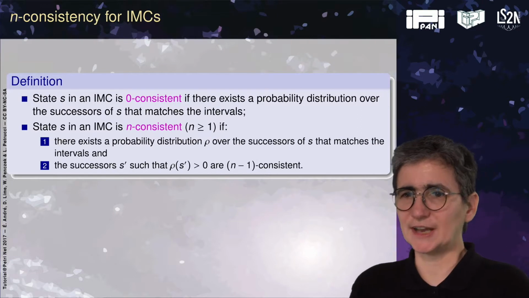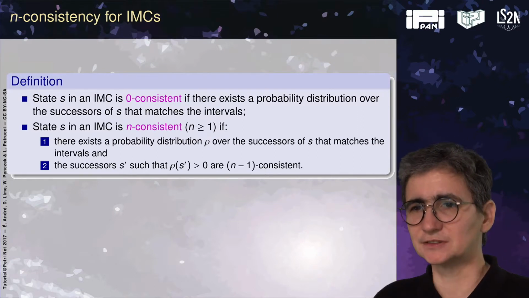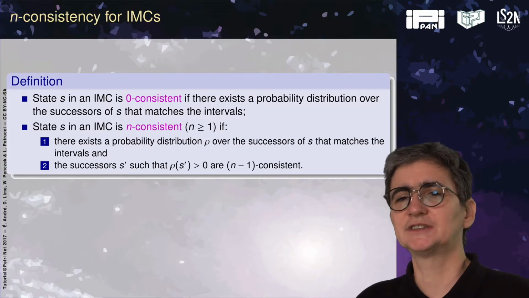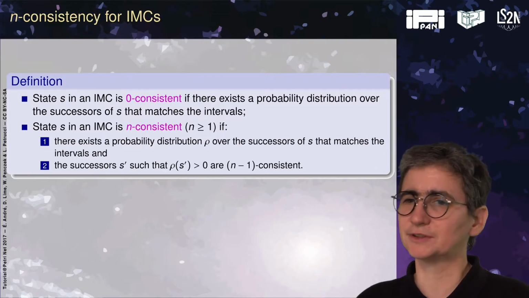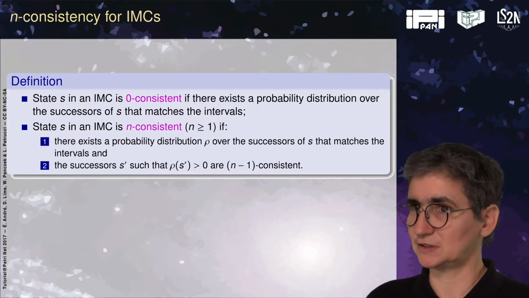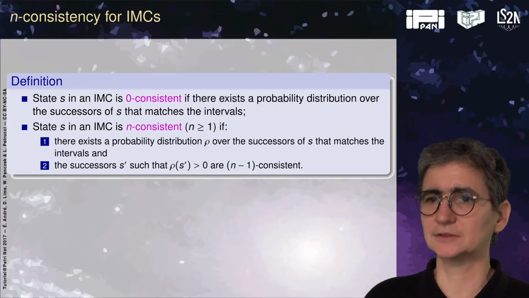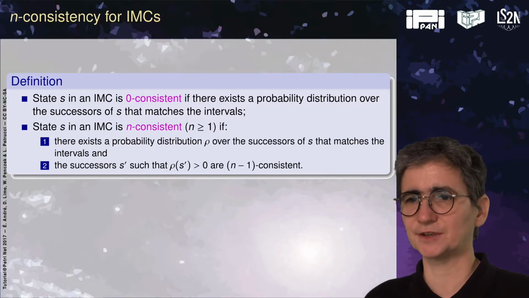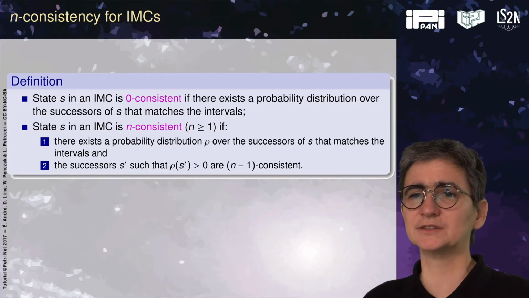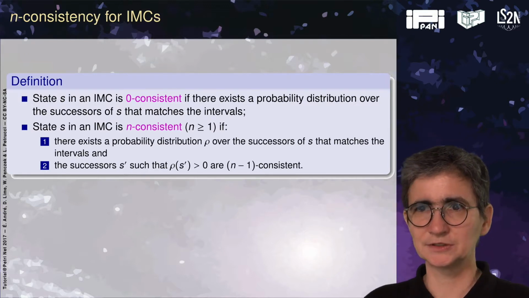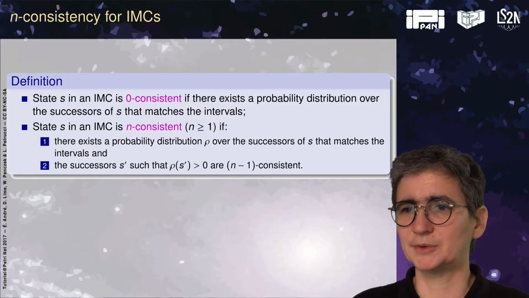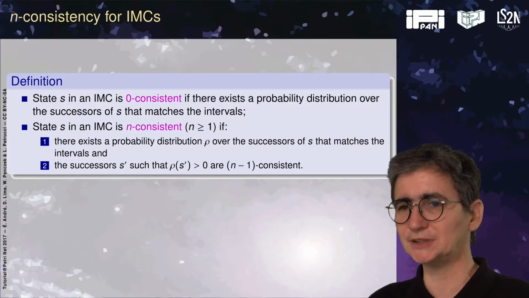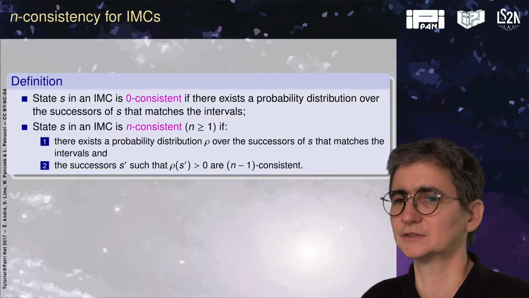Then we say that a state S is n consistent, with n greater or equal to 1, if there exists a probability distribution over the successors of S that matches the intervals, so it's similar to zero consistency, but also that the successors S prime that are considered in this distribution, that we can obtain by firing a transition with a strictly positive probability, are n-1 consistent.